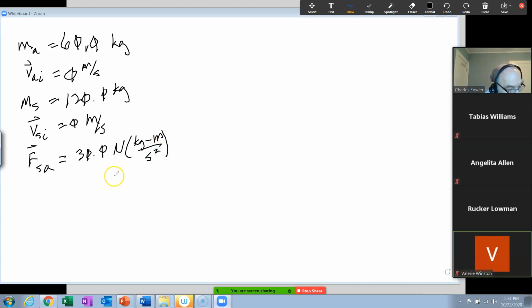For 1.5 seconds. So here we have a time interval. Delta t is equal to 1.50 seconds. Now, for us right now, that's probably extraneous information, because none of our formula, well, no, I don't want to say that. We may use it. Hang on to that. 1.50 seconds.